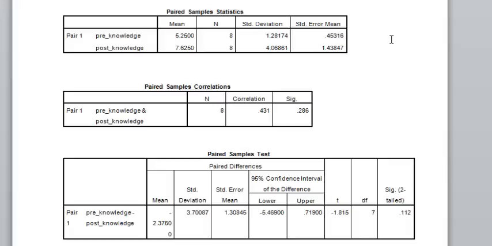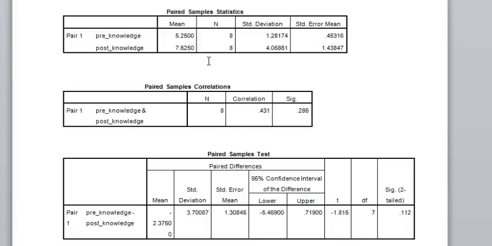Is the t-test statistically significant, and how do we know? The t-test is not statistically significant, and we have to look here to see that 0.112 is greater than 0.05, which means that it's not statistically significant. That means that even though this post score is higher than the pre, that change is really just random error.